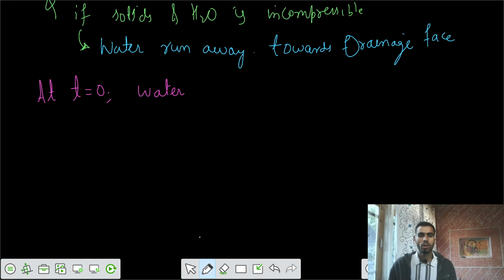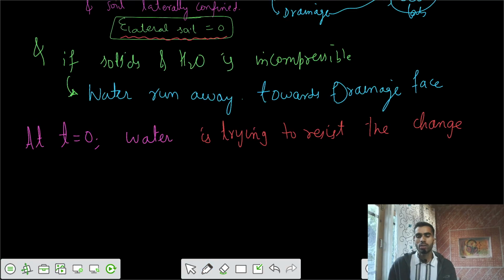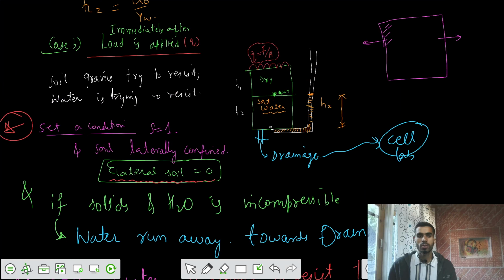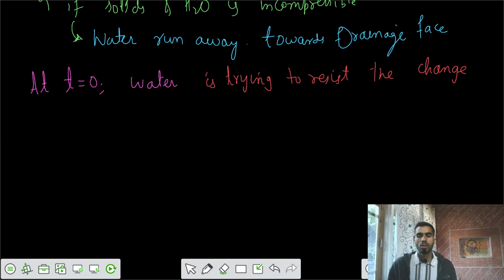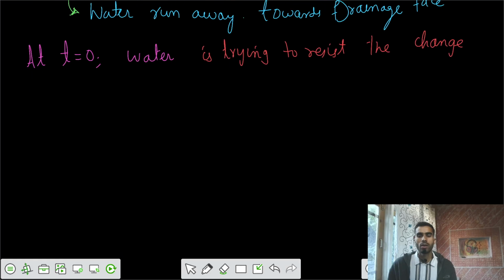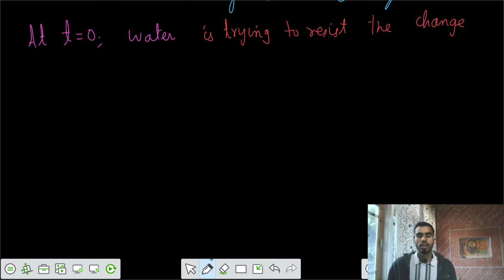So water is now trying to resist the change, because we are applying the total stress of an extra surcharge q. Because of that, there would be resistance towards that change, and that means the pressure in the pore water would increase.